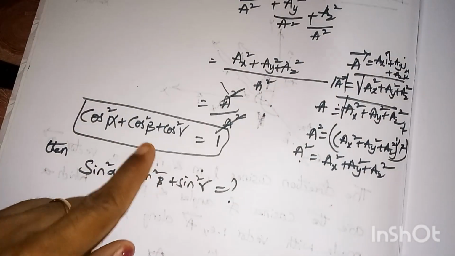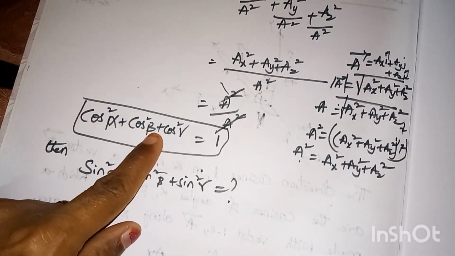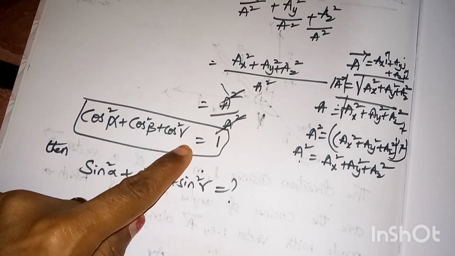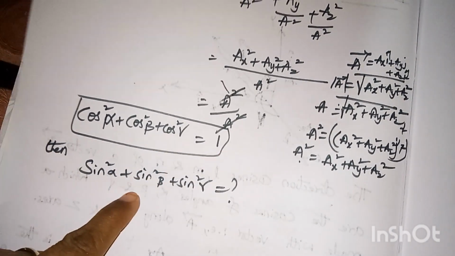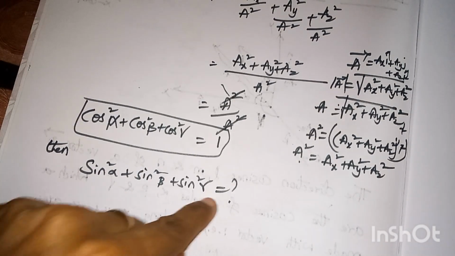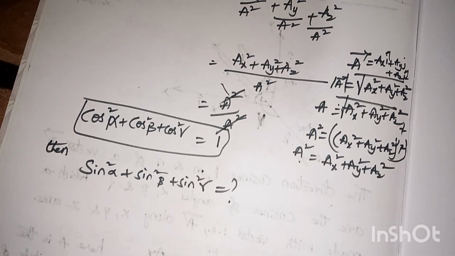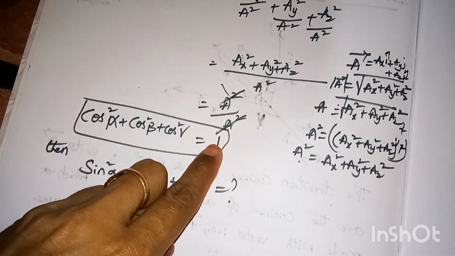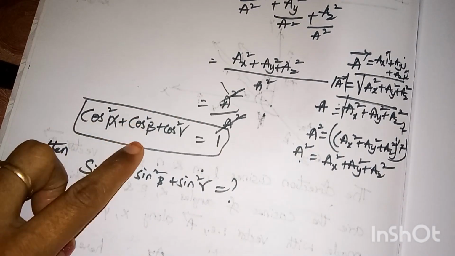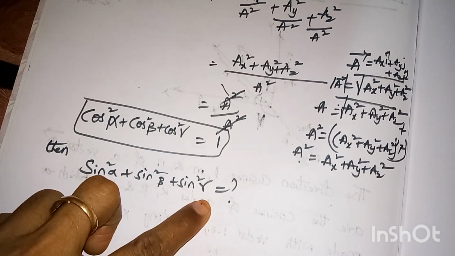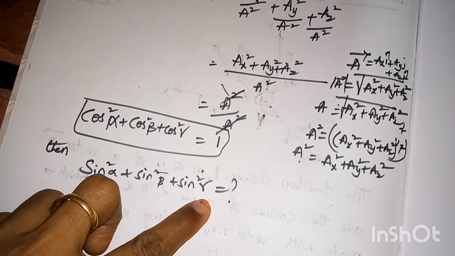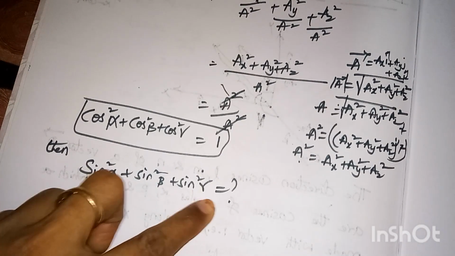So what they will ask means, if they have given cos square alpha plus cos square beta plus cos square gamma is equal to 1, then what will be the sin square alpha plus sin square beta plus sin square gamma, that is equal to question mark. They will ask this form of question in multiple choice questions. For suppose if they have given cos square alpha plus cos square beta plus cos square gamma equals 2, what will be sin square alpha plus sin square beta plus sin square gamma?